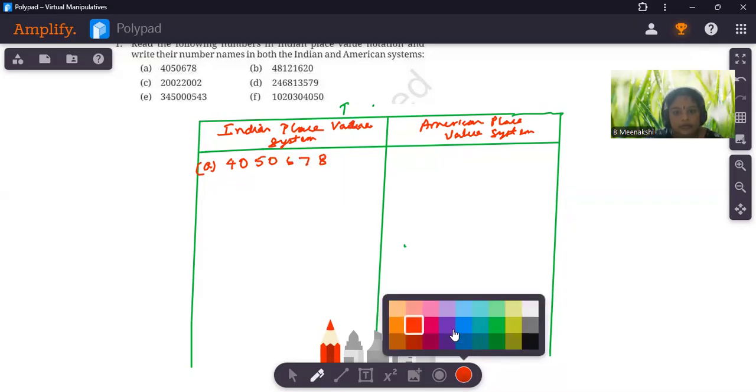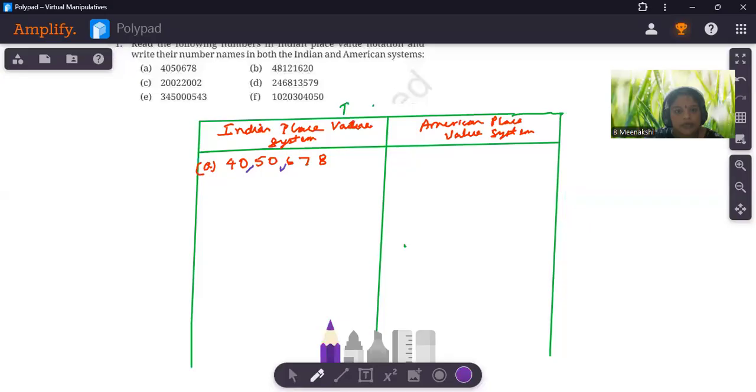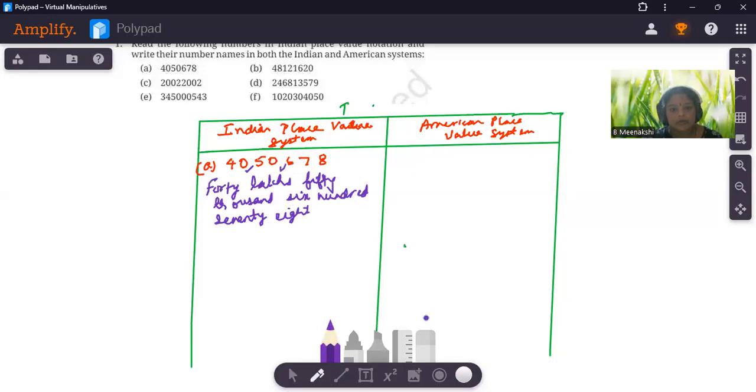Now A, 4050678. On the right you make it into two parts. So this becomes 40 lakhs, 50,000, 678. Now let us see the B part, the same A number.